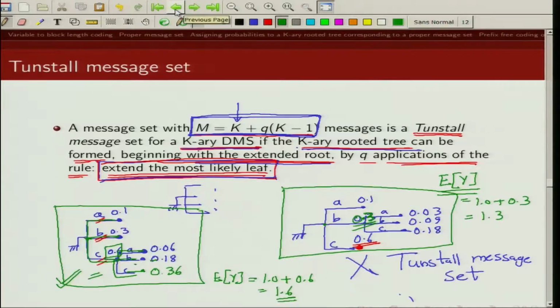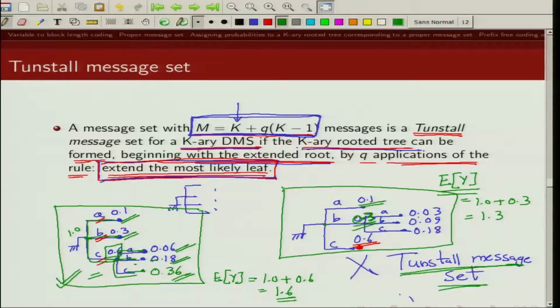You can just take an example here. What is the probability of the leaves here? It's 0.1, 0.3, 0.06, 0.18, 0.36. And what is the probability of the nodes? The probability of the nodes is 1 and 0.6, right? You can see the leaf probabilities are less, so the node probability is at least equal to the leaf probability. Whereas in this particular example, where we have considered a non-Tunstall message set, what are the leaf probabilities?